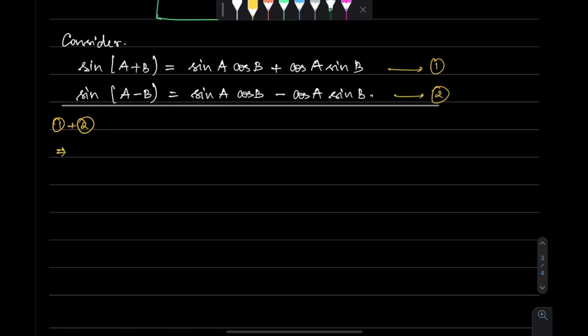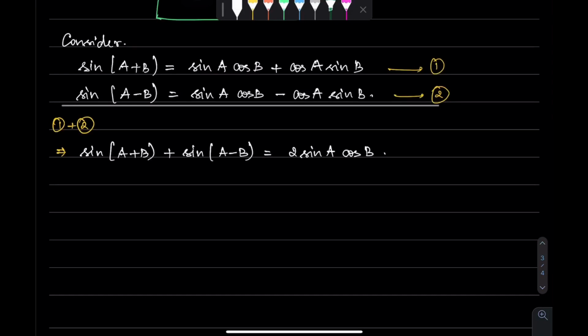If I add, the right hand side becomes sine of A plus B plus sine of A minus B is equal to, what do I get? 2 sine A cos B. Now it's very interesting.